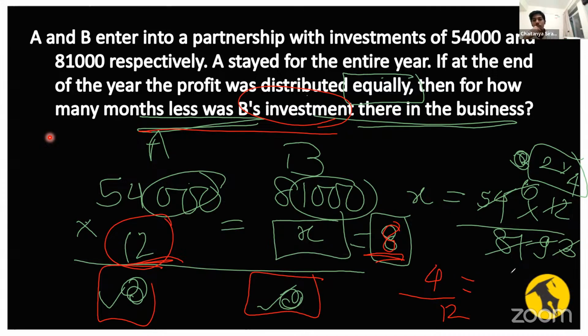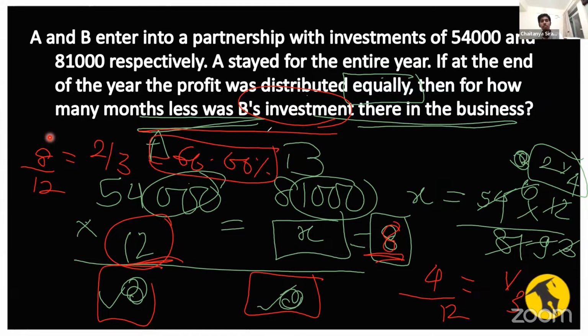So it will give me 1/3, which is 33.33%. Or there can be an alternate question: what percent is B's duration in partnership than A? So it will be in that case 8 upon 12 into 100, which will be 2/3, which is 66.66%. These are multiple. The main premise of the question will be the same, but the interpretation can be different.